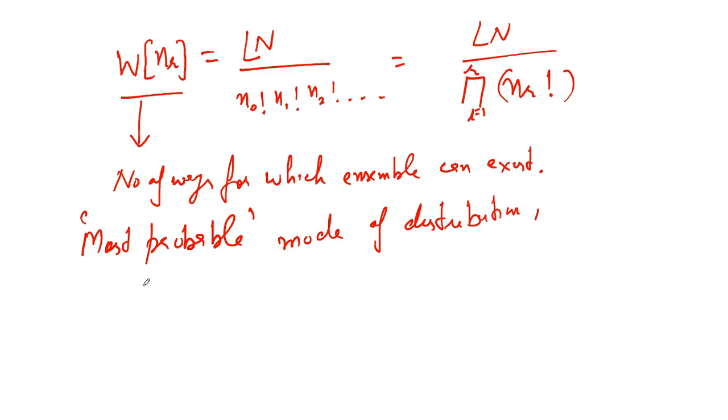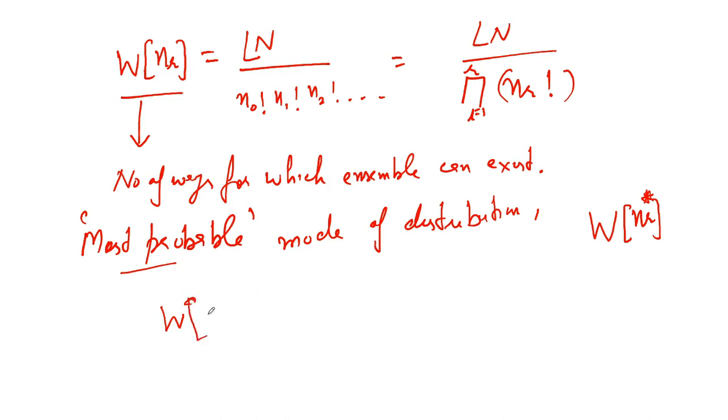So at that point of time we will maximize this number omega nr, the most probable mode of distribution, and this number nr is represented with a term equal to nr star. So we denote this set as the most probable mode.